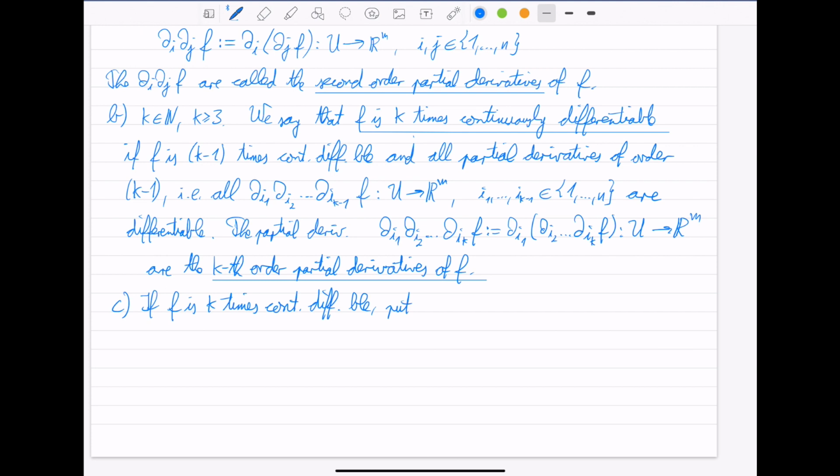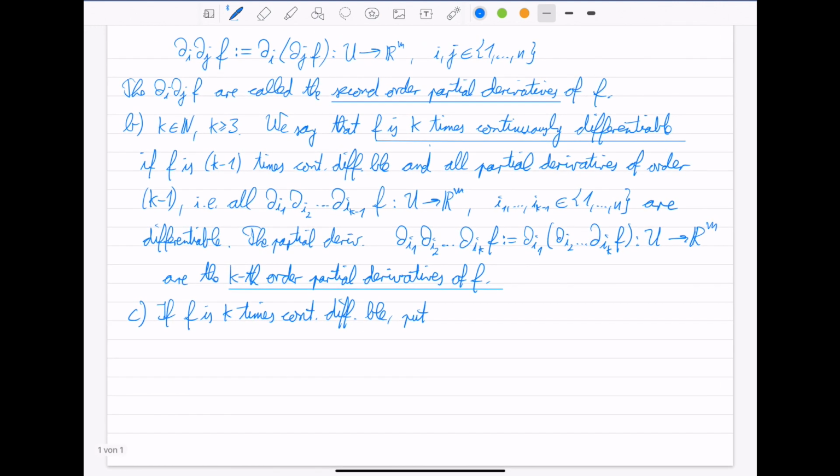We just take one partial symbol and list up the directions by which we derive, using commas, or list them all up. So this derivative is of course shorthand notation for d_{i1}, d_{i2}, and so on to d_{ik} f. So this is just simplified notation here.